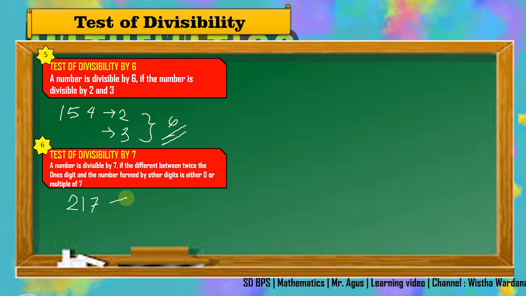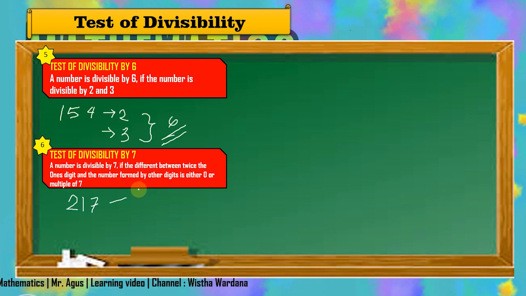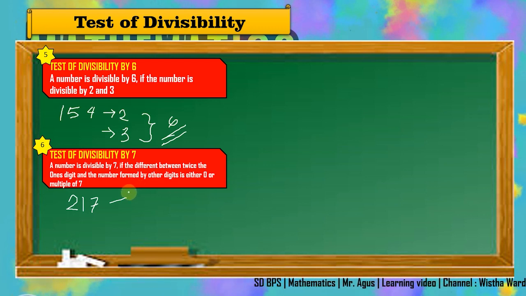So you have to check by this sentence: a number is divisible by 7 if the difference between twice the one digit and the number formed by the other digits is either 0 or a multiple of 7.